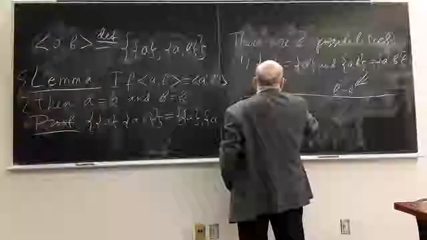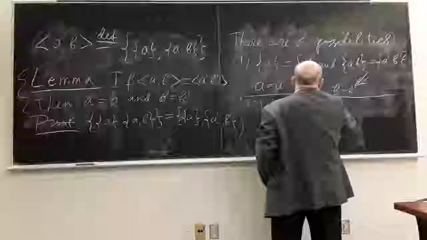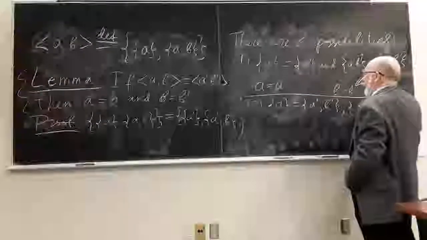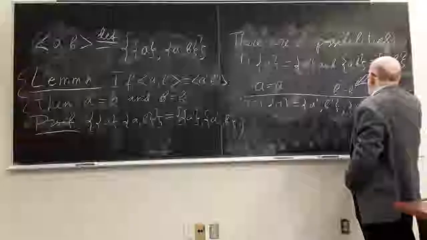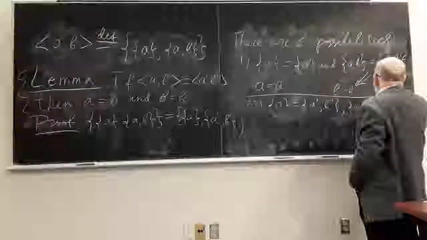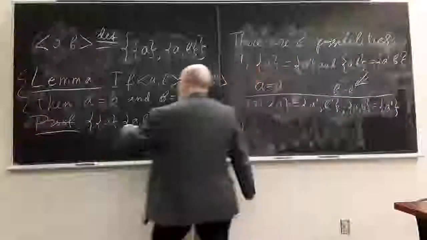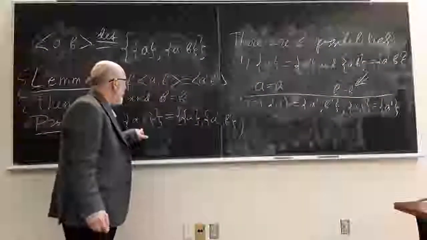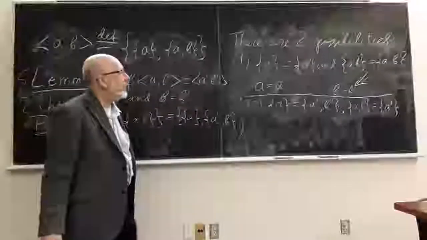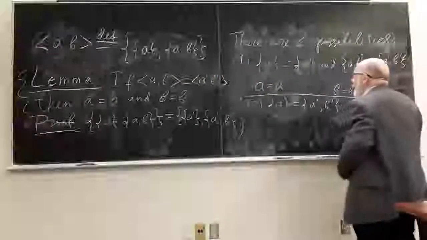And the second possibility is that {A} equals {A prime, B prime}, and {A, B} equals {A prime}. We don't know which element is first and which is second, so a priori we can have also this possibility.